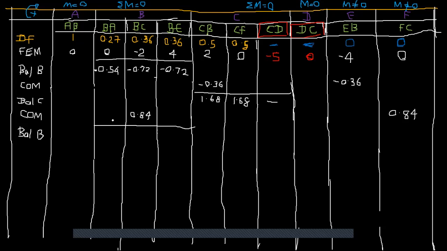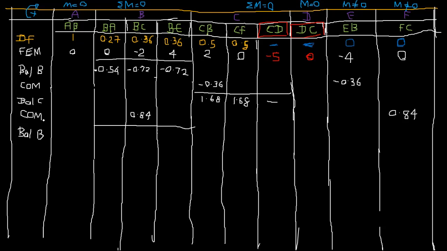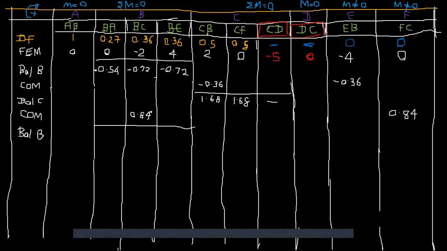So from that 0.84, 27% is taken by the member BA. So you need to add minus 0.84 to balance it, right? So minus 0.84 times 0.27 will be 0.22, right?